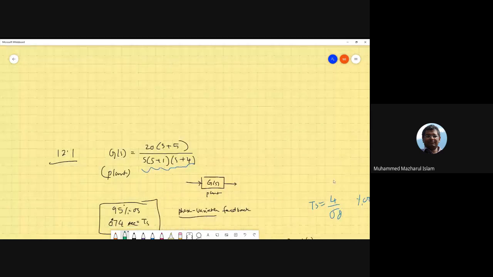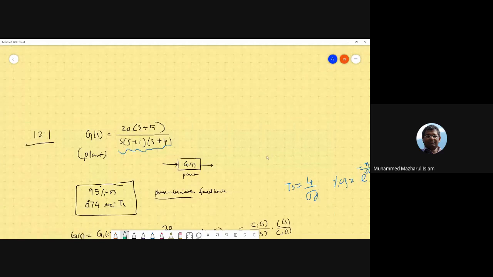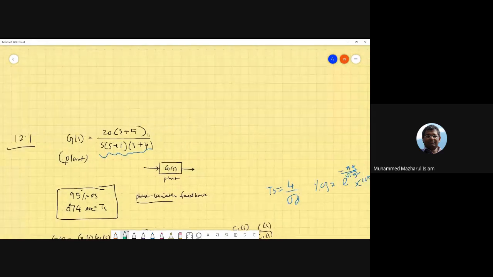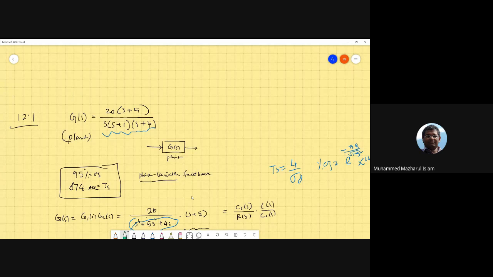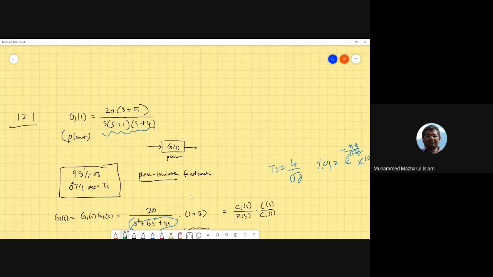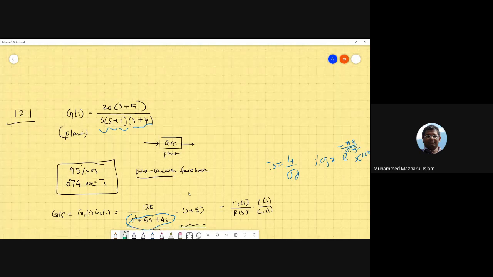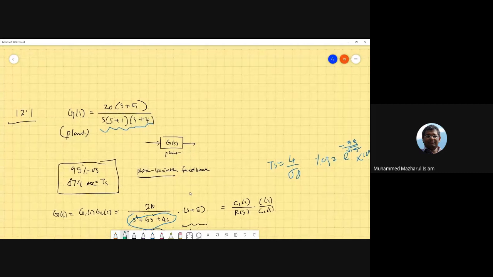So we were looking at example 12.1, where there was a plant and we had to make sure that the plant output had 9.5% overshoot and 0.74 second settling time. We were required to design a state feedback system for this plant. Particularly we were asked to do a phase variable feedback, so that means state space feedback in phase variable model.